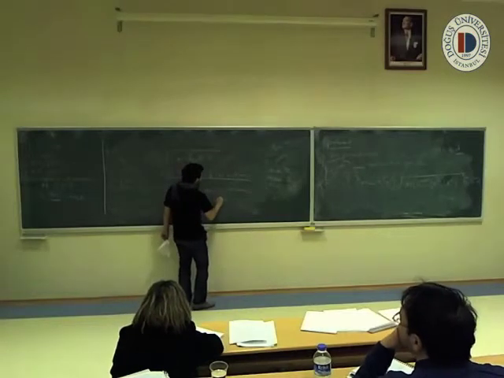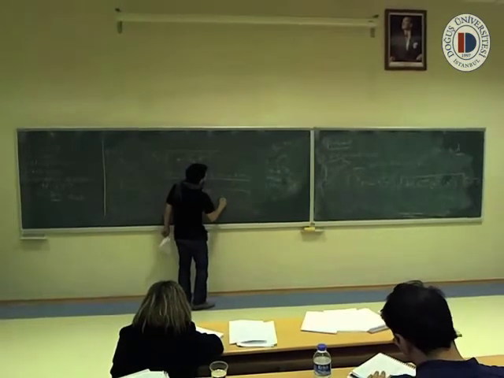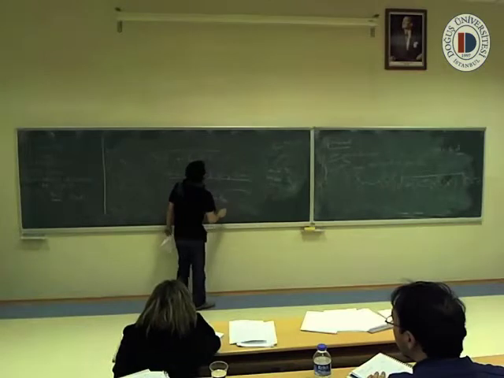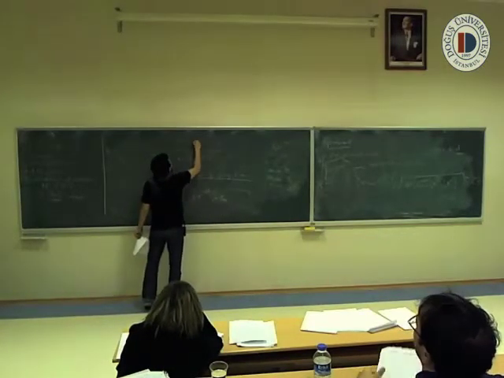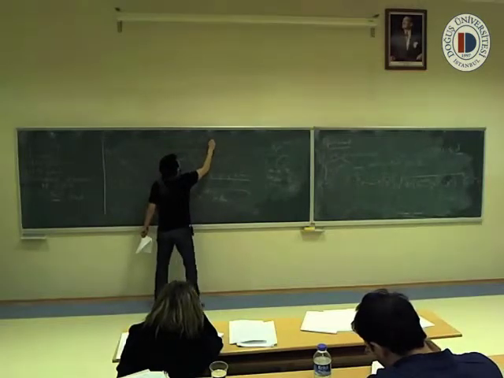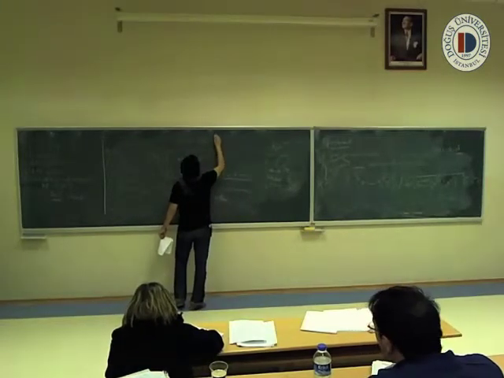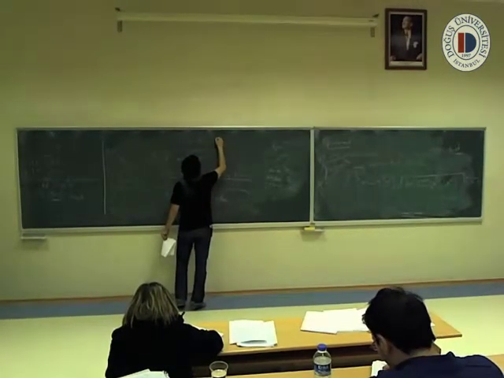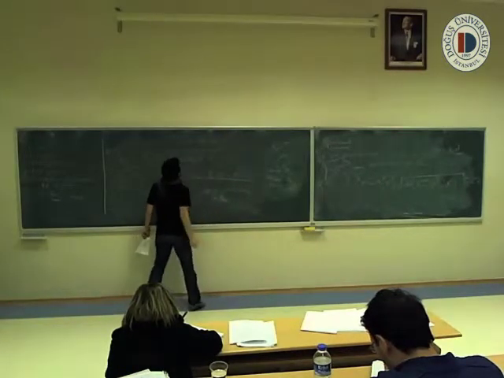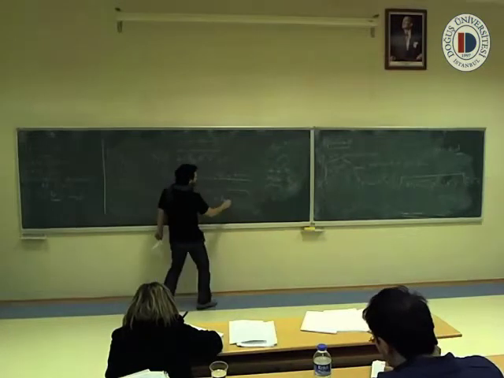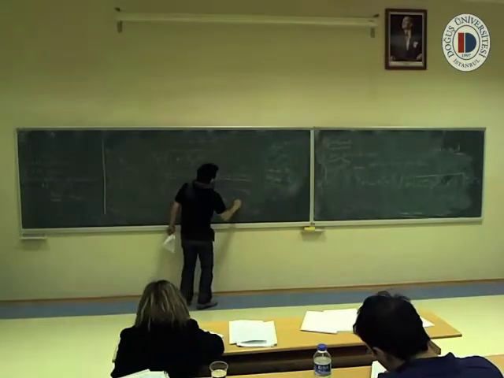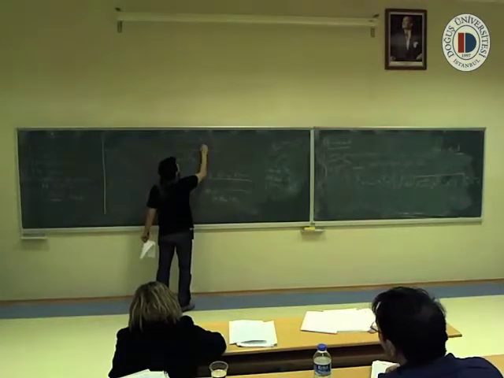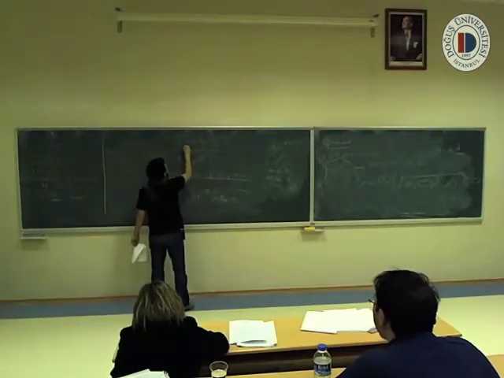So let me write it as G_AB. I'm defining G_AB by this quantity. So G_AB for me is G mu nu dx mu dx nu. Let me define it as G_AB. So it will have G_AB, it will have this field B, and when this is B mu nu, this would be B_AB.